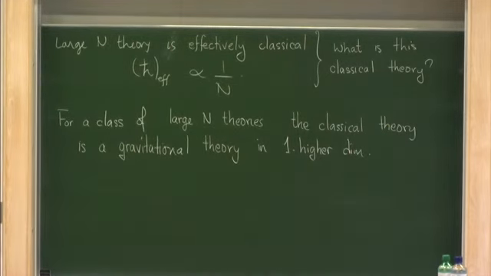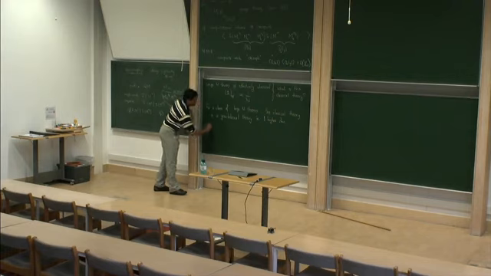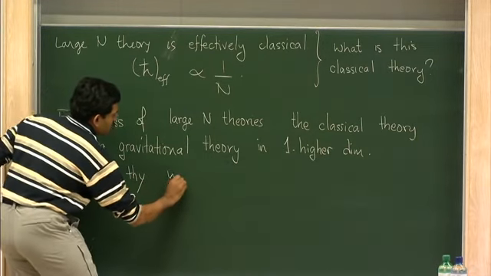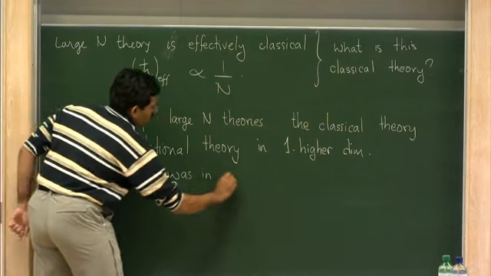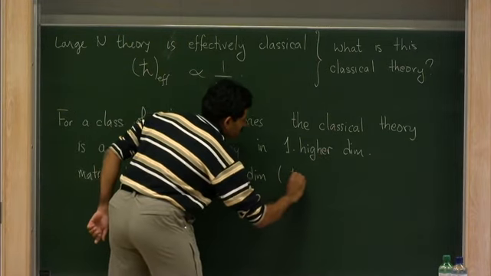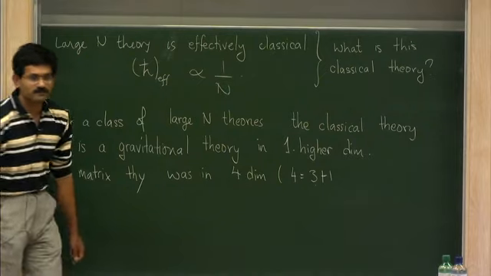So let's say my matrix theory was in 4 dimensions, and for me 4 is 3 plus 1: 3 space and 1 time.